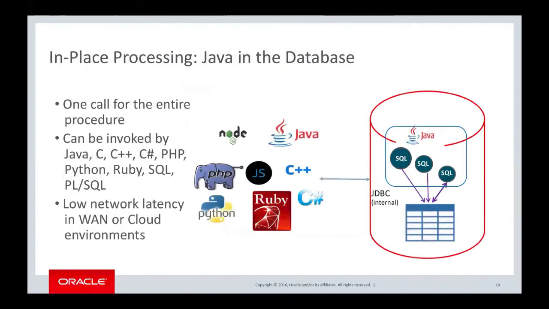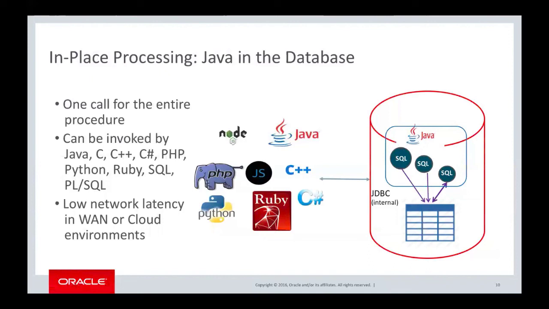Okay, so here's an example, a picture of Java in a database, and you can replace the same idea with PL/SQL if you are more familiar with PL/SQL. So one call to execute the entire procedure, which is here. It's Java with SQL statements. If your Java code in a database does not have SQL, it does not belong here, in the database, unless it's doing something to enrich the database.